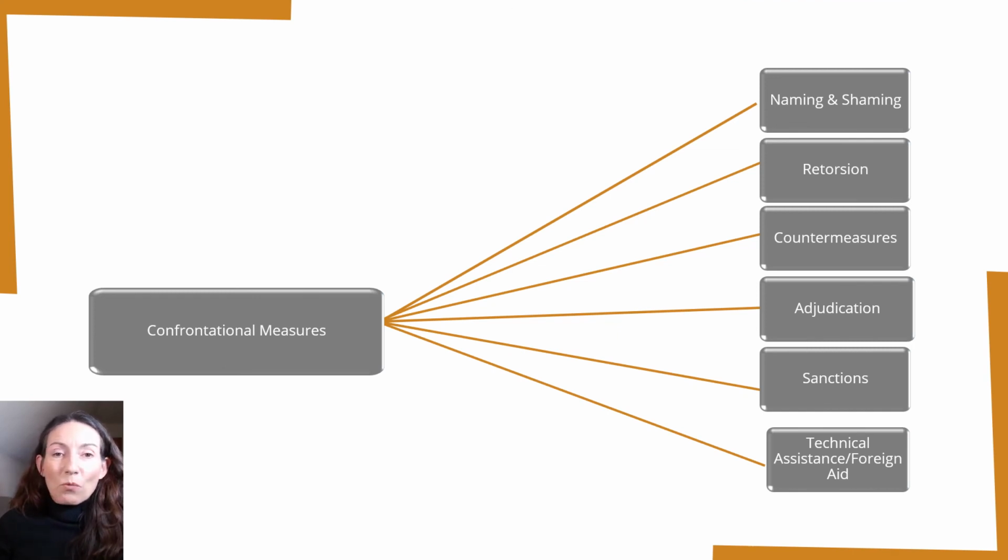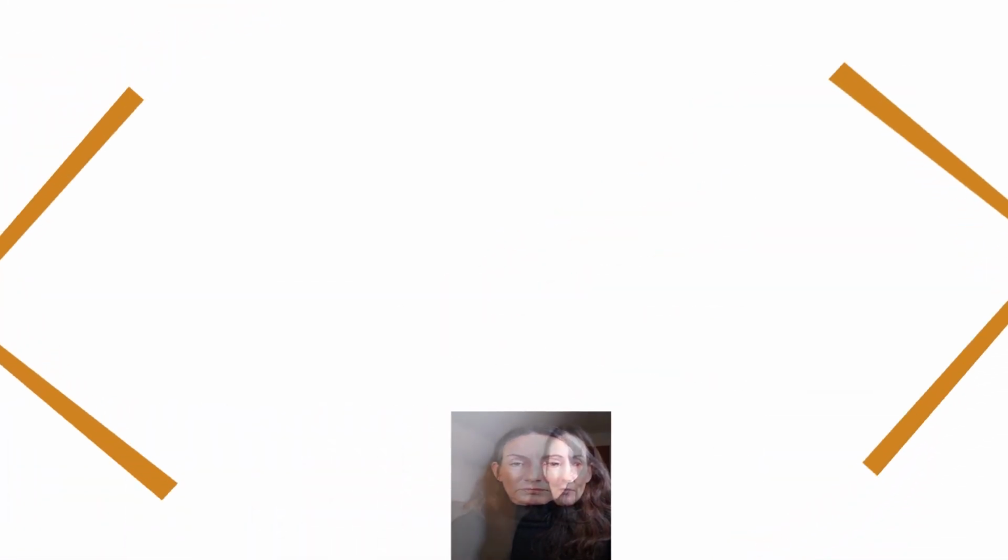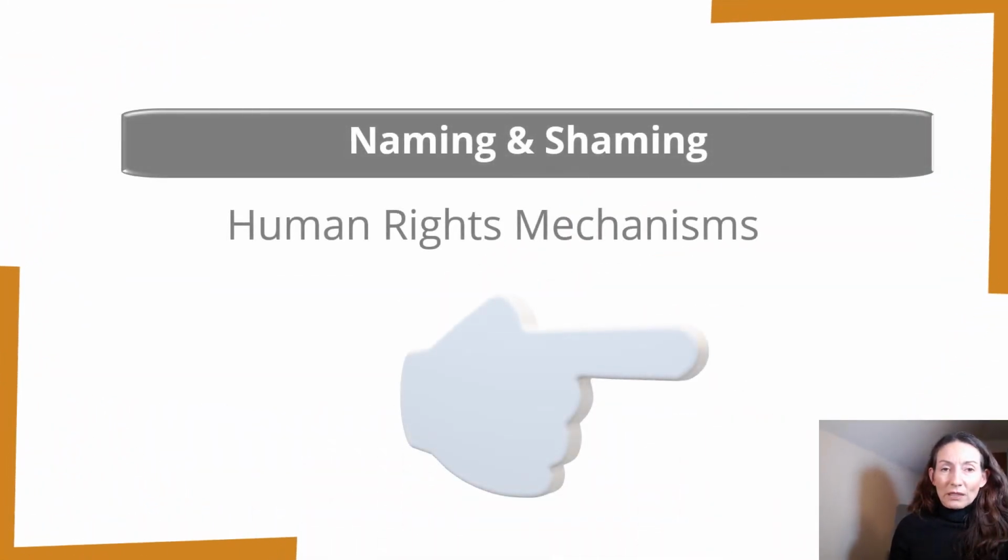Finally, a widely used mechanism to enforce compliance is naming and shaming. Using publicity to point to those who are breaching international law is widely used in international relations.